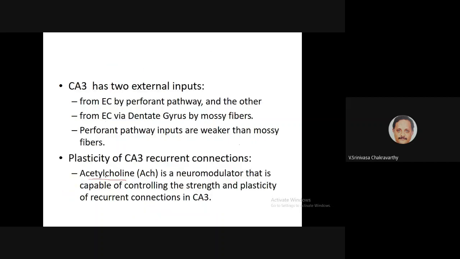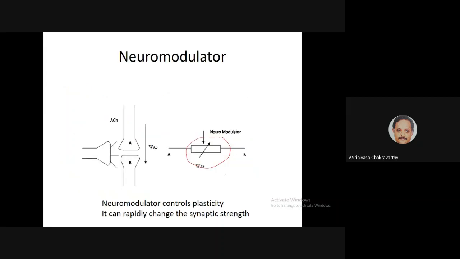So now, interestingly, there is a chemical called acetylcholine, which projects to CA3 and other fields in hippocampus. This is a special kind of neurochemical called a neuromodulator. Mathematically speaking, you need to distinguish between neurotransmitter and neuromodulator. We looked at neurotransmitters like glutamate and GABA, which operate at excitatory and inhibitory synapses.